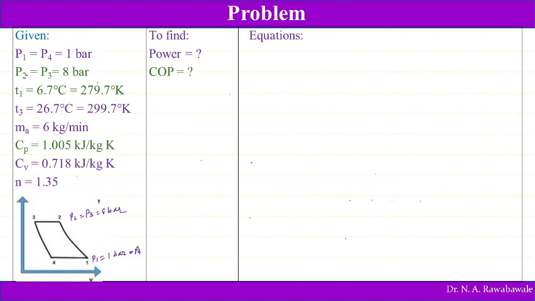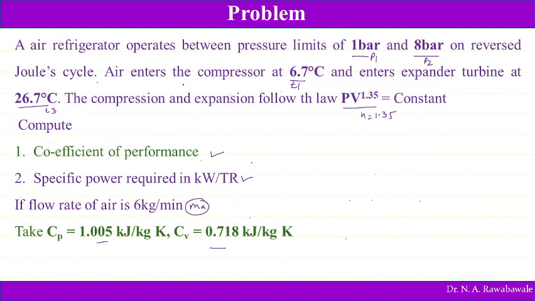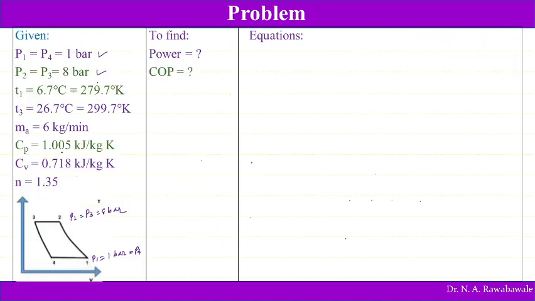So these two things are given. Air enters the compressor at 6.7 degrees Celsius. So temperature at point 1, T1 is equal to 6.7 degrees Celsius, which is 279 Kelvin.